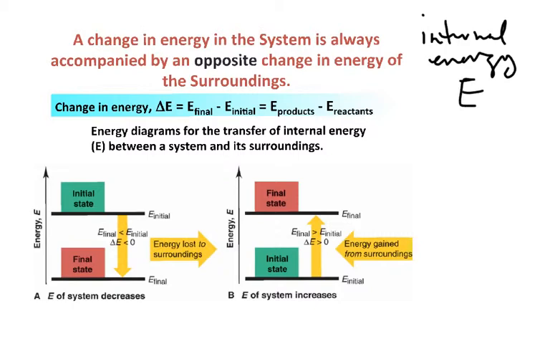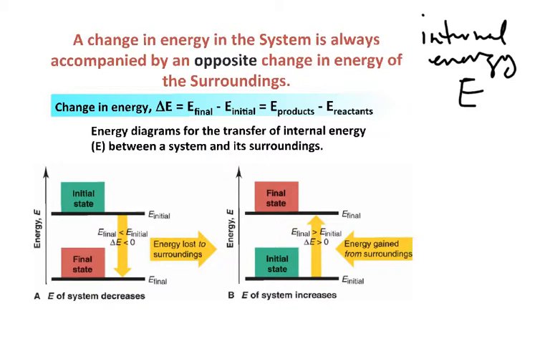We said that it was the sum of all of the kinetic and potential energies of a particular system. And internal energy is all of the heat and work that is involved in a change in whatever system we're interested in.